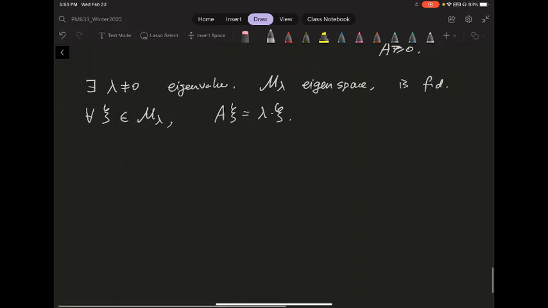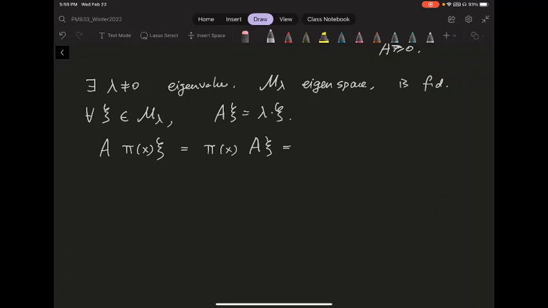So that's the eigenspace. But think about what happens when you apply pi x to it. Because A is an intertwiner, you can move the pi to the left and apply A to psi first. But A psi is just lambda psi by its eigen property, and you have pi x. Now you move the lambda to the left-hand side, so it's lambda times pi x psi.